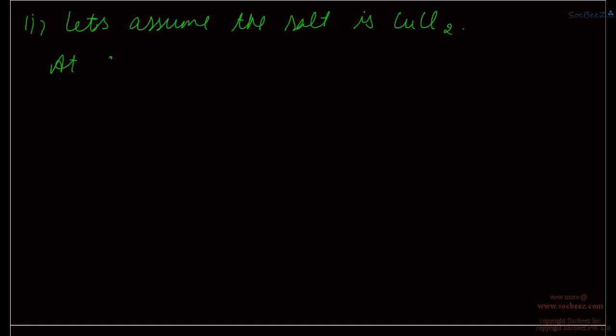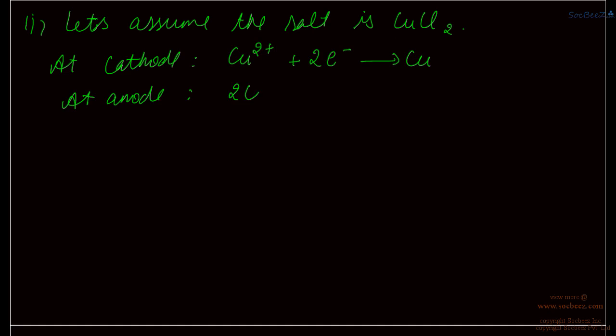Okay, now in the first part of electrolysis, the reactions occurring at the two electrodes are, at cathode, Cu2+ plus 2 electrons giving us Cu, and at anode, 2Cl- giving us Cl2 plus 2 electrons.